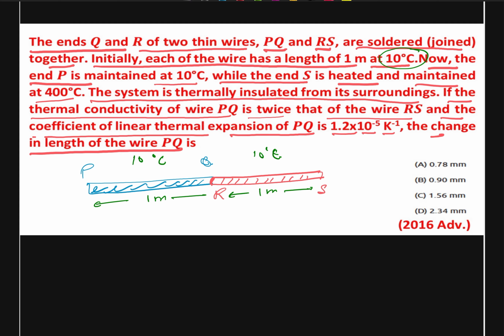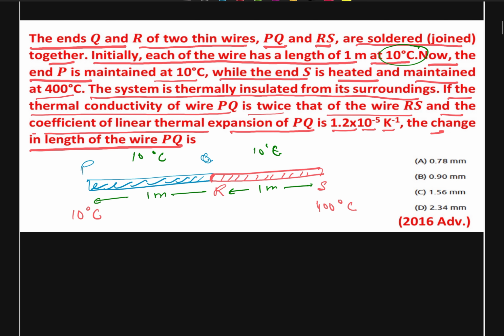Now P is still maintained at 10 degrees centigrade, but end S is heated to 400 degrees centigrade. And thermal conductivity of PQ is twice that of RS, and we have to find out the change in length of the PQ. So this is the basic premise of the question.